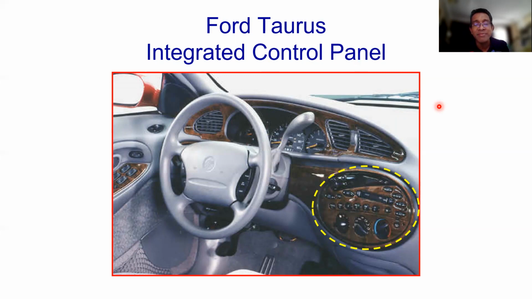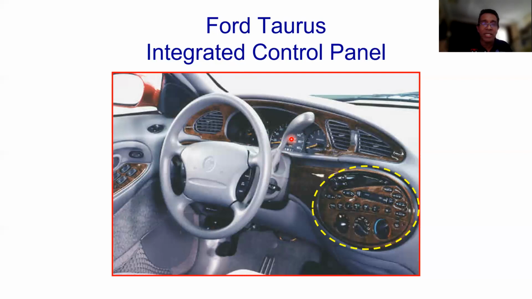One button maybe can control several elements, several functions, like a wiper or signal, for example. So this one can make several functions or several movements. Before, maybe the design was different. They had a button for signal and a button for wiper, a button for left, a button for right.